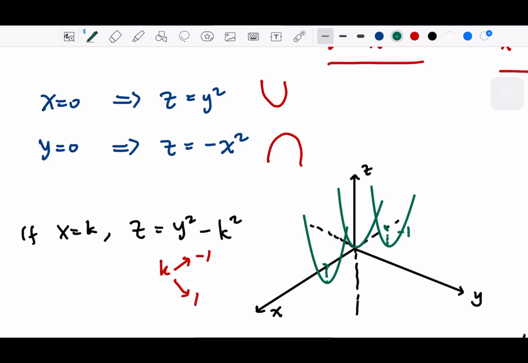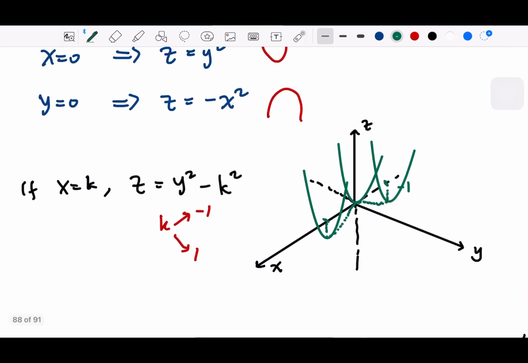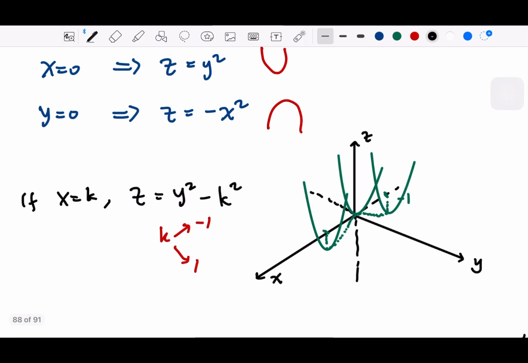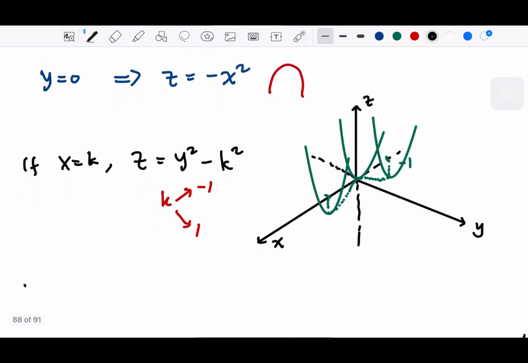But of course, in between the 0 and 1, we can also have a parabola, right? So you can see that this will connect all the points. Okay, and then we take the other parabola.